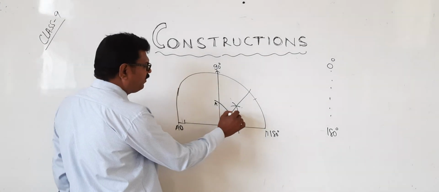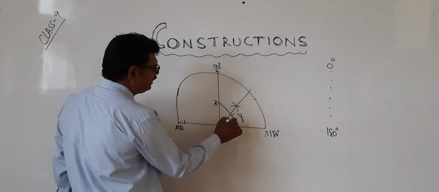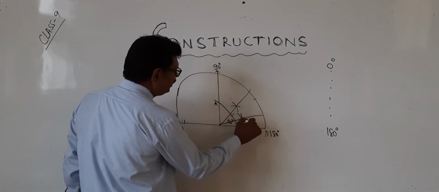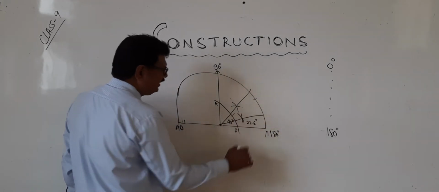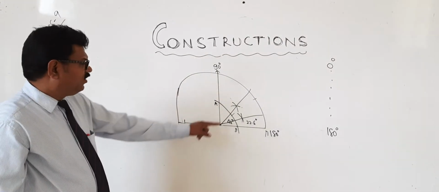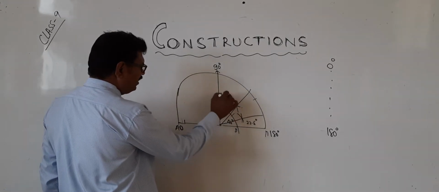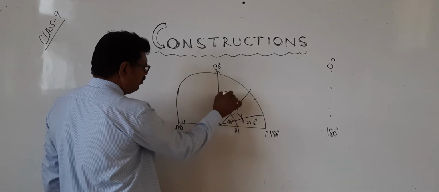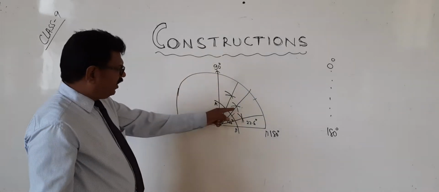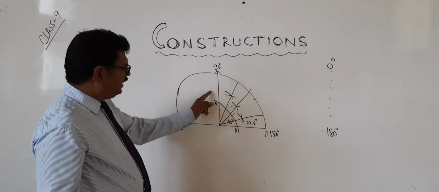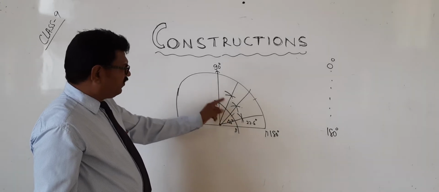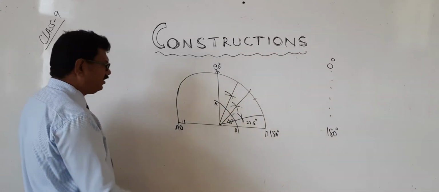Again from here you bisect, then it will be 22.5 degrees. Now 45 and like this. Again from here, again from here. How much is it? 45 here, here it is 90. So 45, 90, again half.